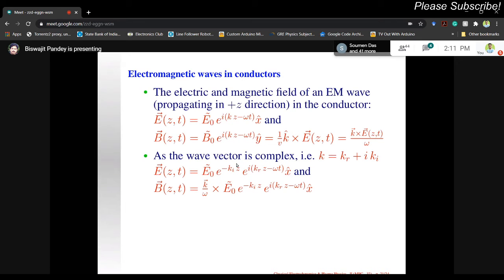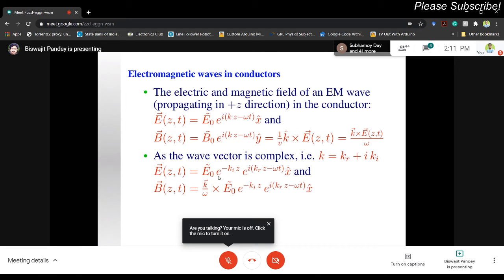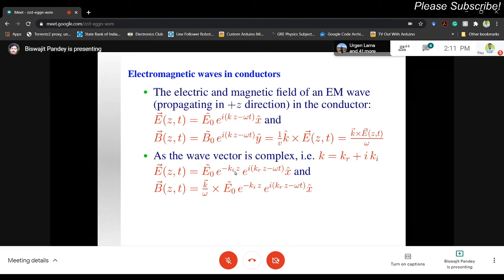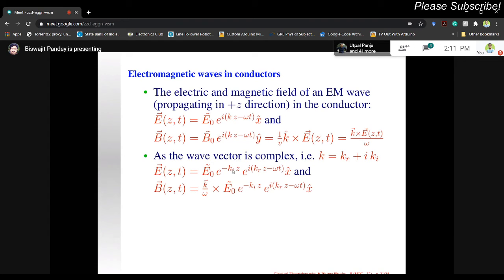And what this tells you is that the amplitude of the electric field will get damped exponentially because of the presence of this e to the power minus ki z term in this expression. What is ki? We have already obtained the expression for ki in a conductor, and ki depends on the conductivity, permeability, and the permittivity of the medium.